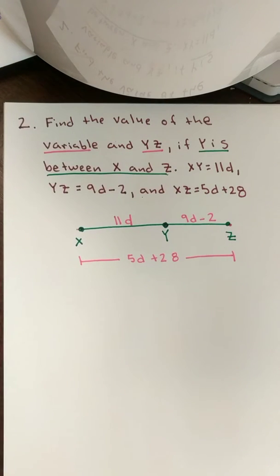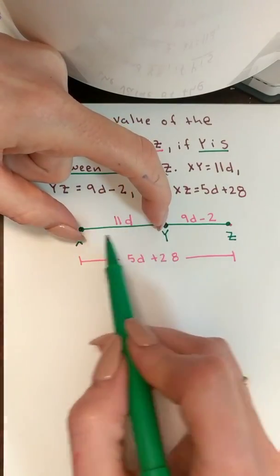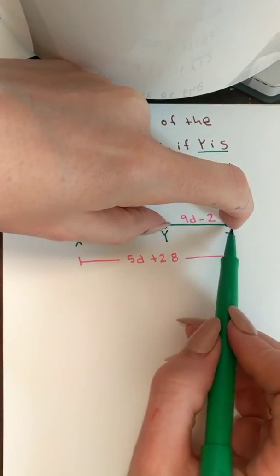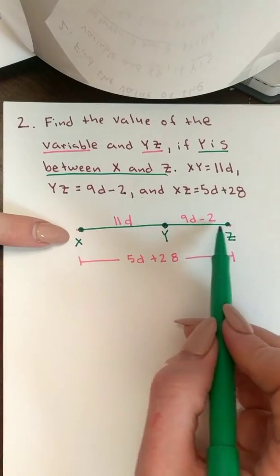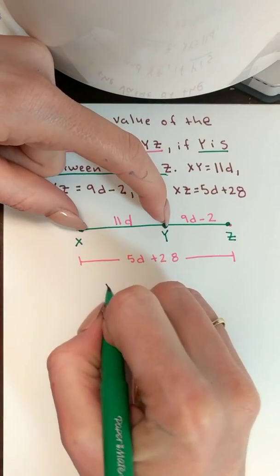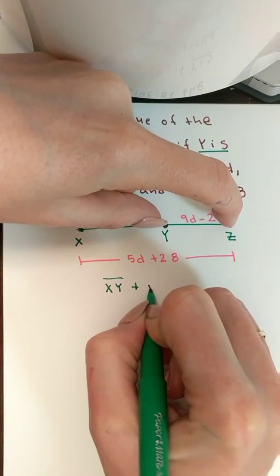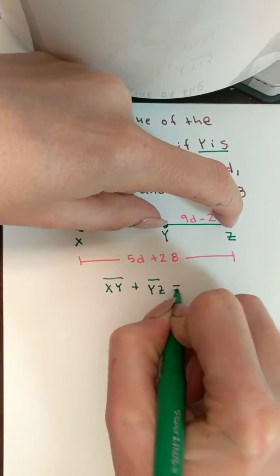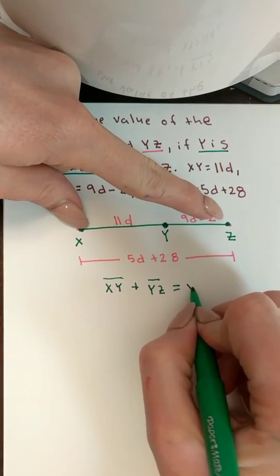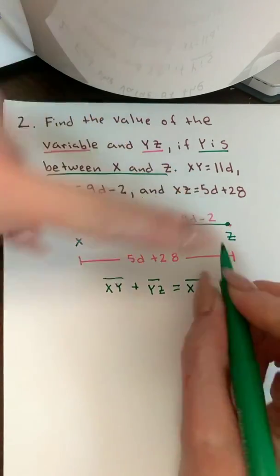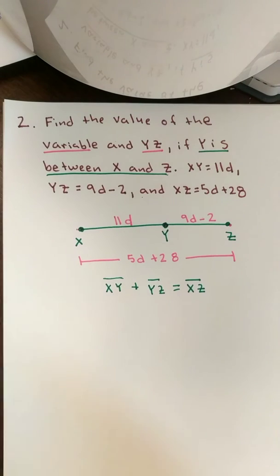We're going to use the information that we know, that this segment plus this segment equals the whole segment. So XY plus YZ equals the whole line. Now we can substitute in the information we know.